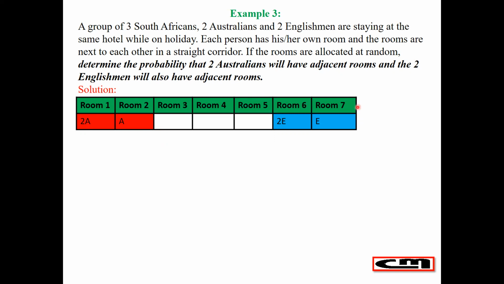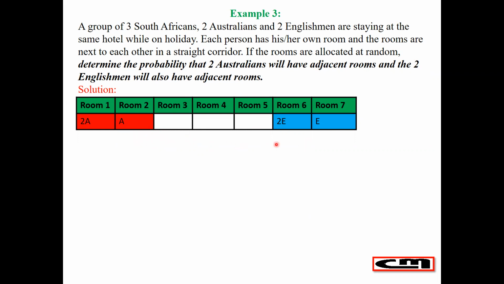The same can be said for rooms 6 and 7. Any of the 2 Englishmen can occupy room 6. Once it's filled, the other one will occupy room 7. But there is nothing particular about putting them in room 6 and room 7, room 1 and room 2. But I've done that so that it will be clear what it is that I'm doing.